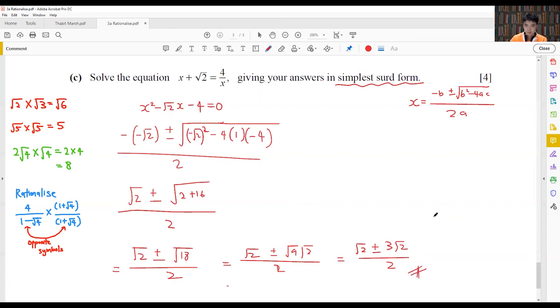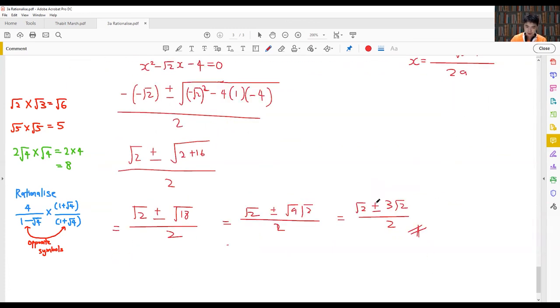Okay. Or if you want, you can break them down into square root 2 plus square root 2, you have 4 square root 2 over 2. Or square root 2 minus 3 square root 2, you have minus 2 square root 2 over 2. So this just becomes 2 square root 2 or negative square root 2 will be your final answer.